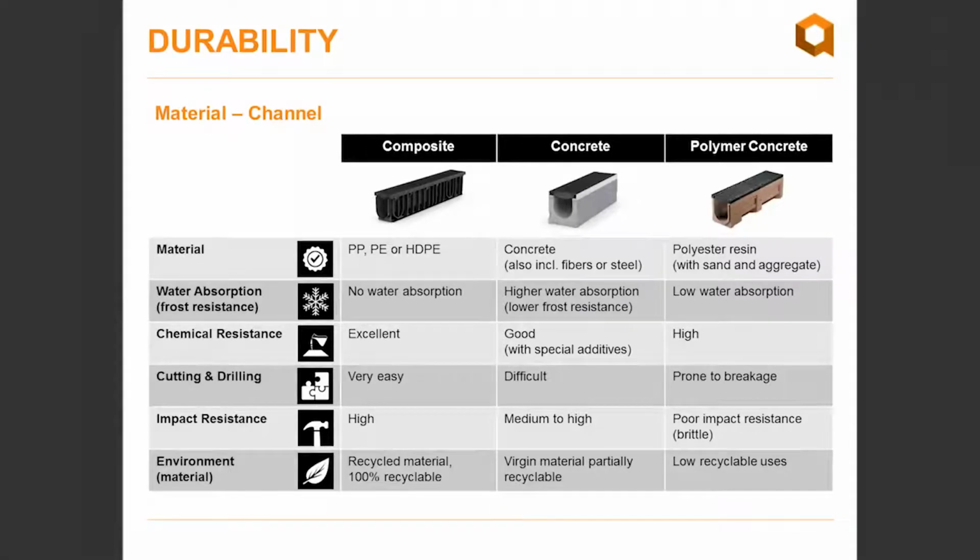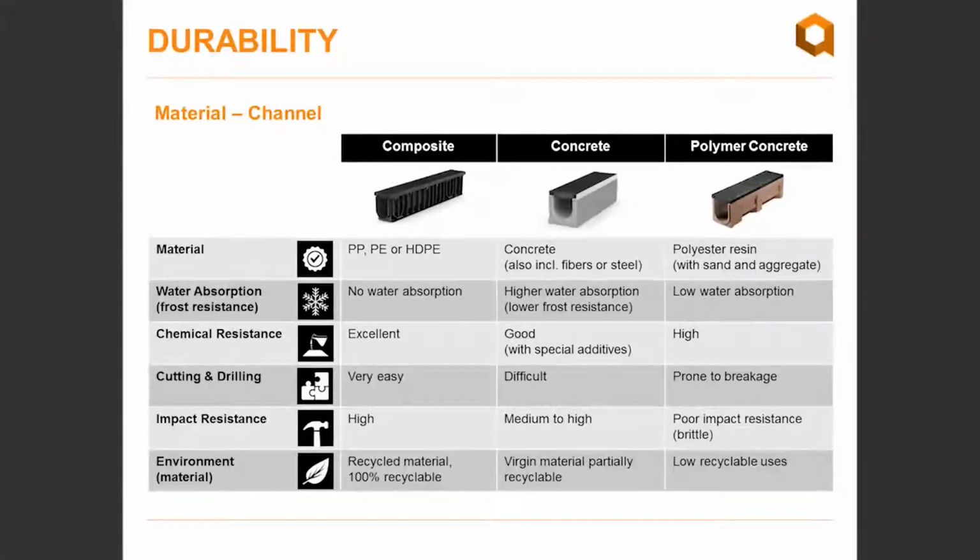Now cutting and drilling: for the composite trench drain, it's very easy and can be done on site. For concrete, it's difficult because it usually needs to be done at the shop. And polymer concrete is even more difficult because it's prone to breakage, so we need to be very careful when we cut and drill polymer concrete products.